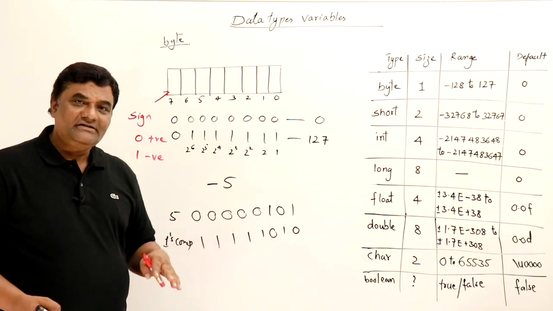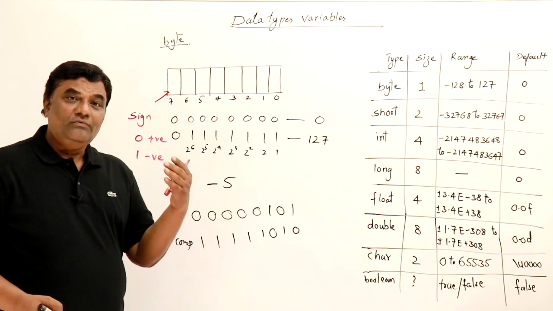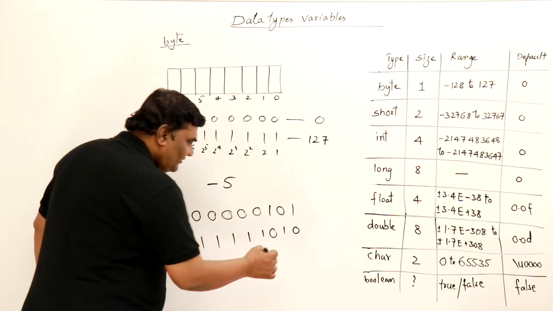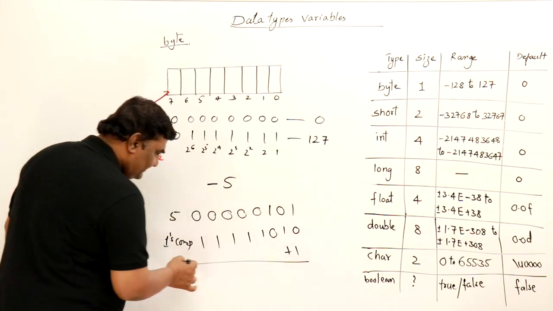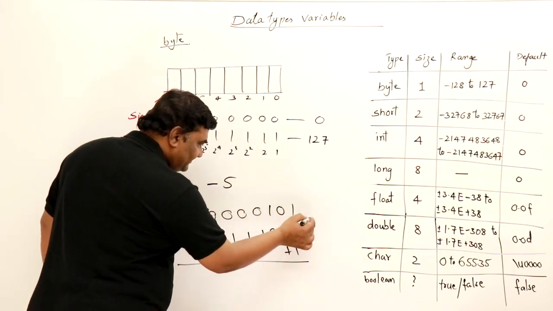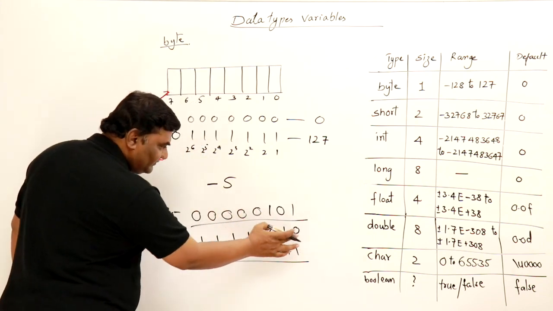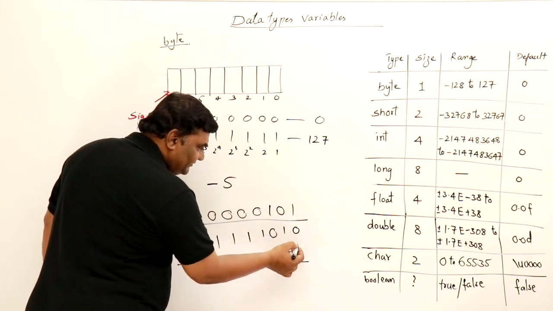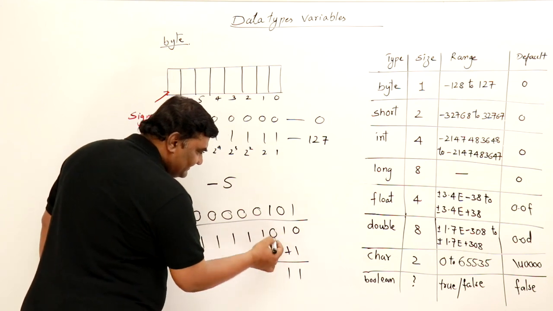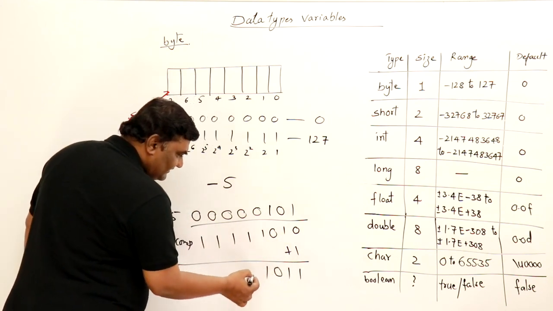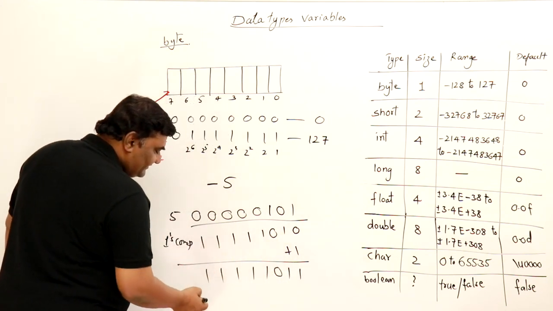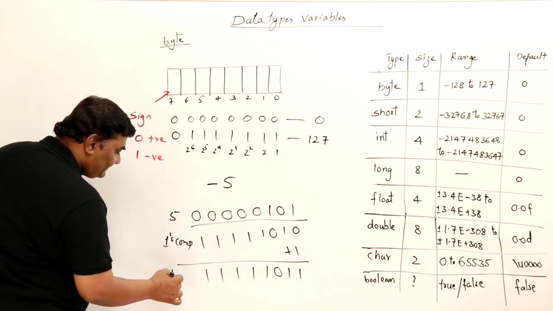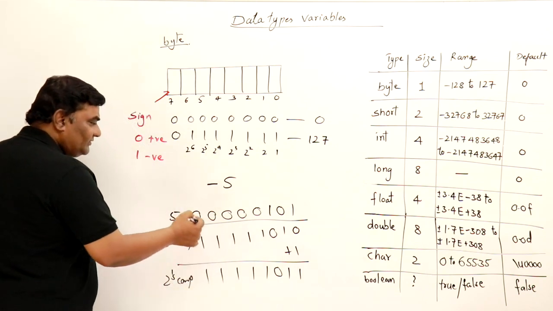Just complementing the bits makes it a ones complement. Then in this ones complement, 1 is added. Forget about the others, only in the last bit, 1 is added. So 0 plus 1 is 1 and this 1 is as it is. Then all the remaining are as they are. So this is the 2's complement.